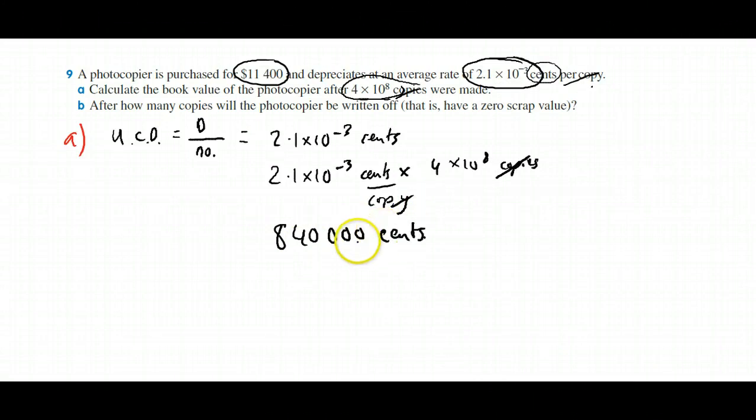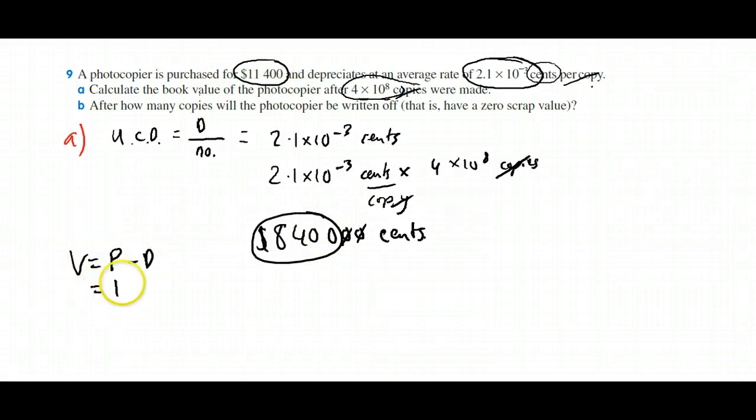Now if we convert that to dollars just by getting rid of 2 of the zeros, we get this amount of depreciation. So the book value, V, is going to equal the purchase price minus the depreciation. It was 11,400 originally, it's lost 8,400, so it's now worth $3,000.